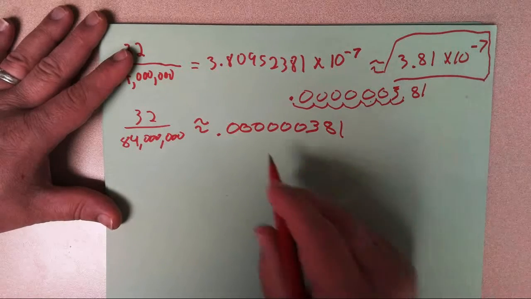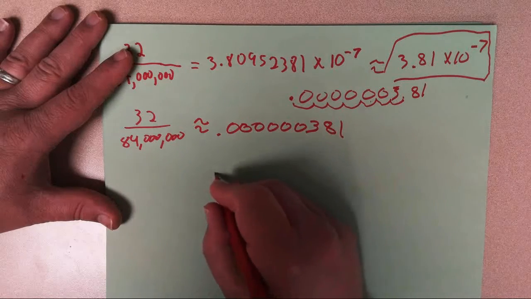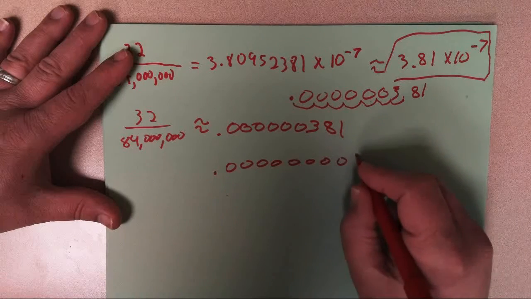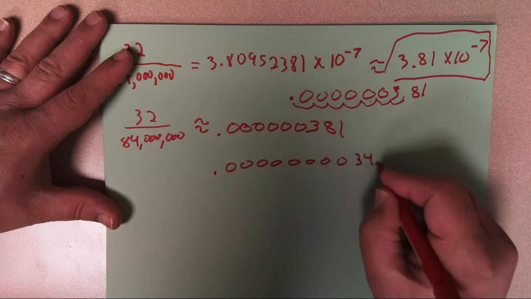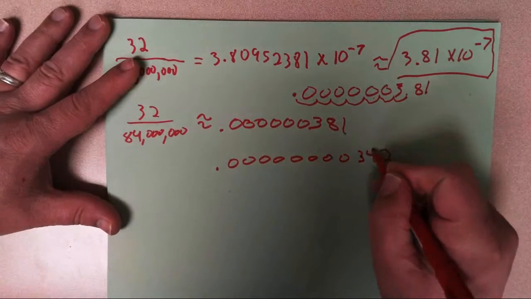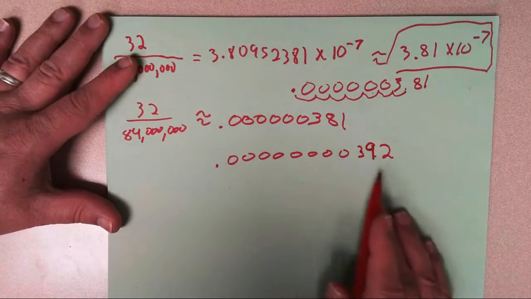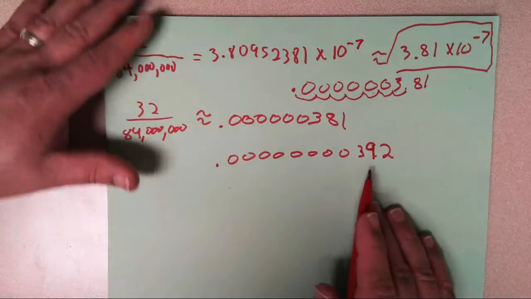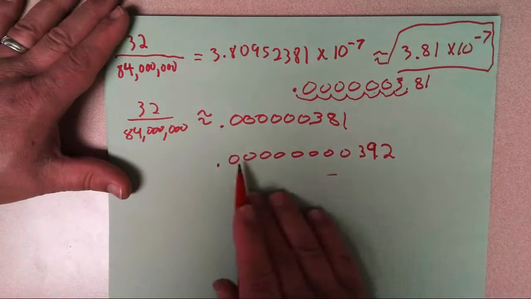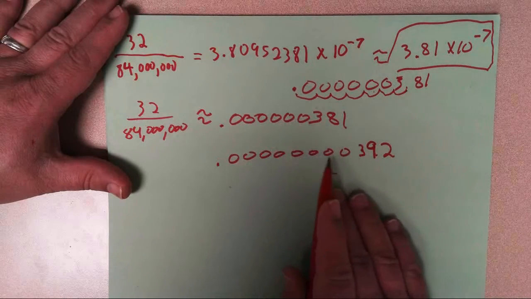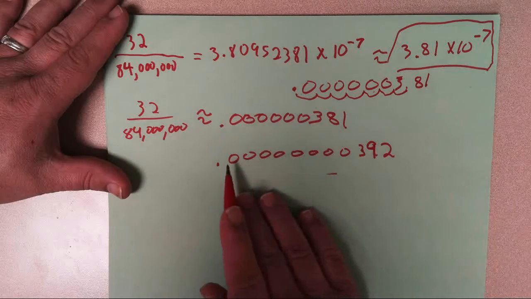And so if I had this number and I had another one, let's say this was 392. So you might look at these and say, oh, this one's bigger because this is 381, that's 392. But that would not be the case because this has 1, 2, 3, 4, 5, 6. This has 1, 2, 3, 4, 5, 6, 7, 8.